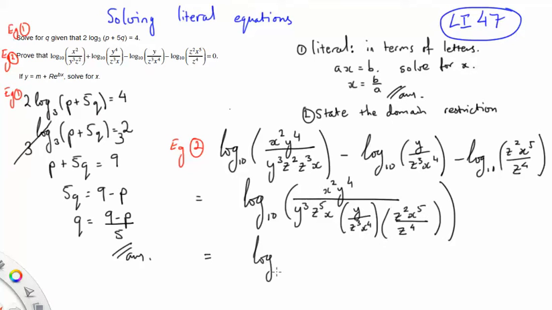So we'll get log base 10 of x squared y to the power of 4, big vinculum, got y cubed times y, which is y to the 4, z to the 5 times z squared, which is z to the 7, x times x to the 5, which is x to the 6, over z cubed times z to the 4, which is z to the 7, whoops, and x to the 4.